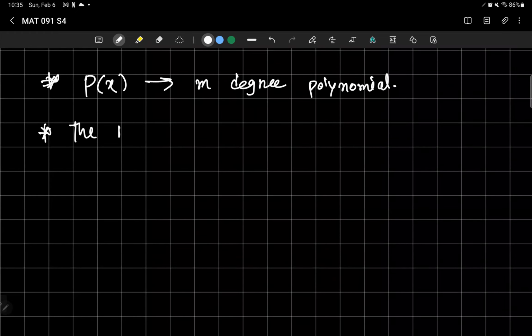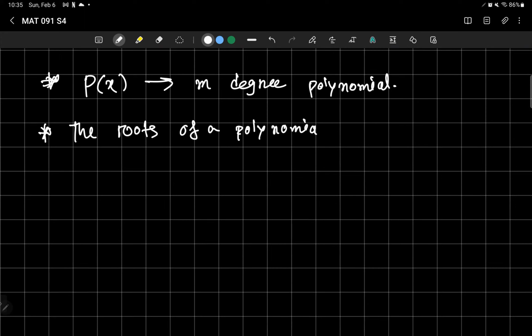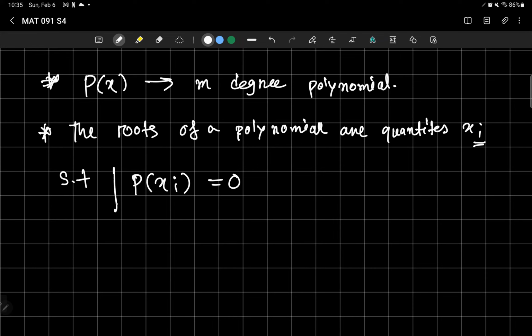The roots of a polynomial are quantities, let's call them xi, where i runs from 1 to m. This is a running index. And these xi's are entities such that p of xi is 0. This is the definition of a root.